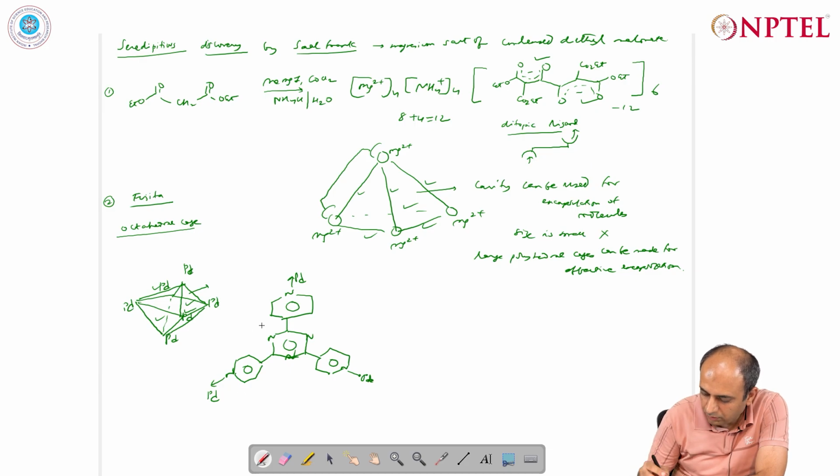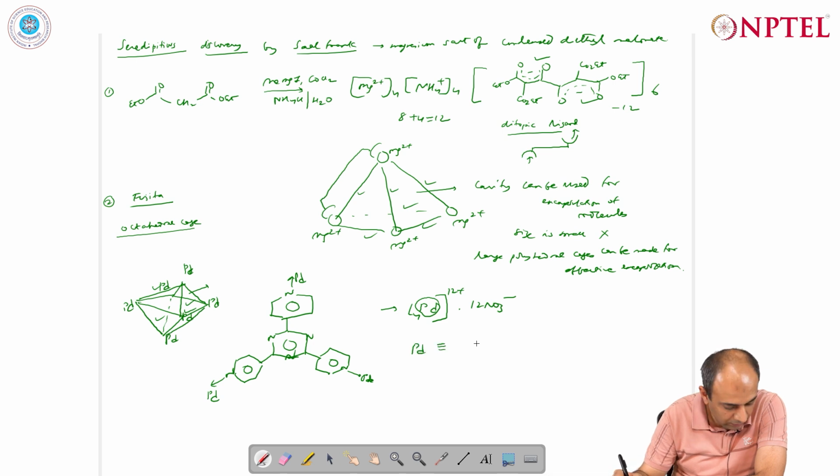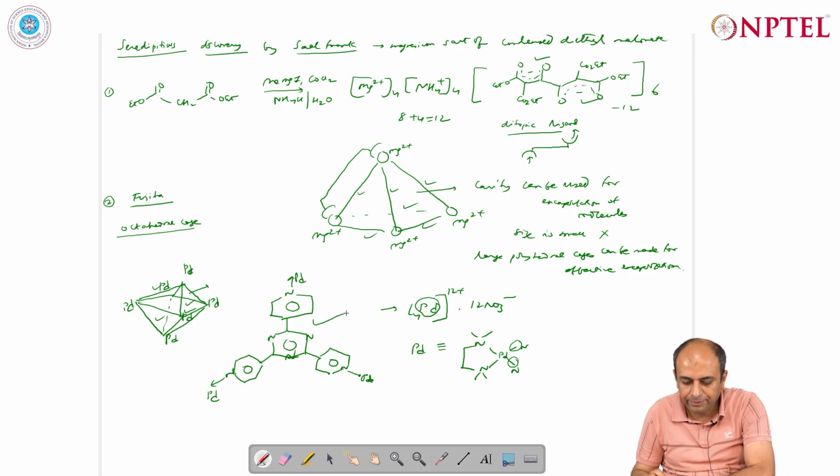So this gives rise to the palladium L4 12 plus, 12 nitrate is the counter ion, and then every Pd is equivalent to the other 2 sides can be coordinated with nitrogen coming from this particular ligand.